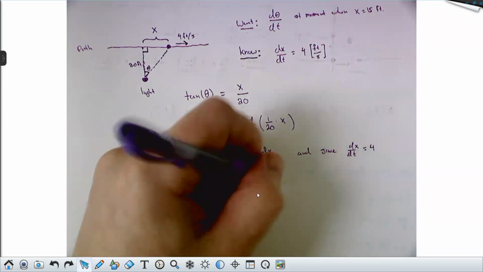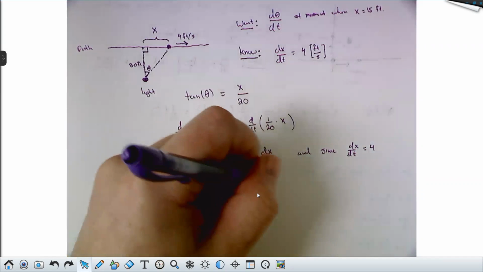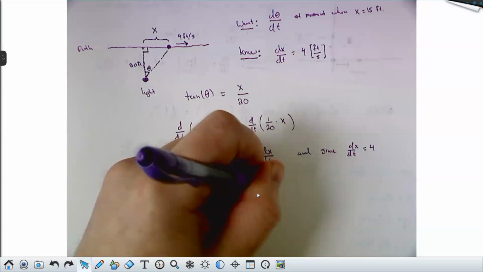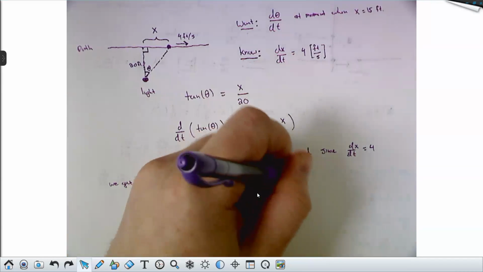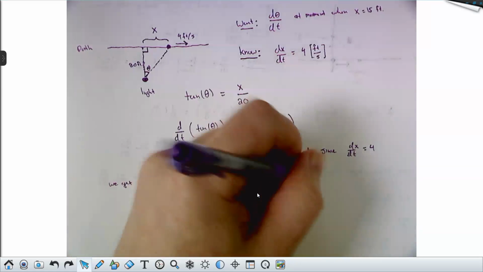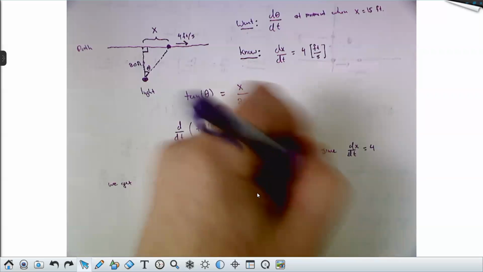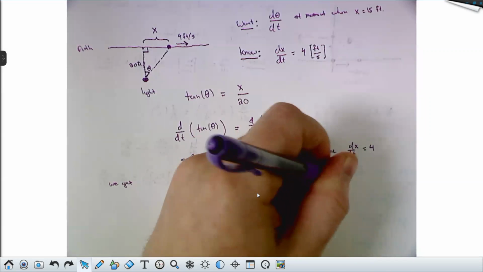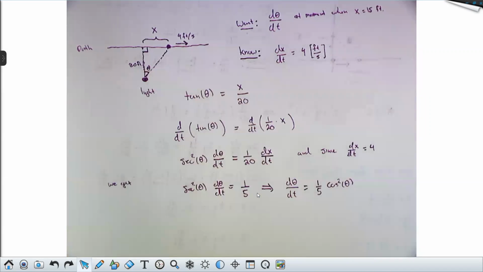And then one more thing I would do, since secant theta is 1 over cosine theta, I would take this and say d theta dt is 1/5 cos squared theta.